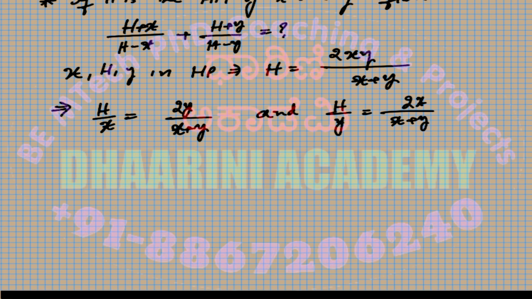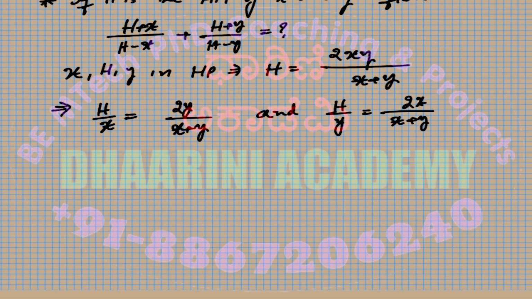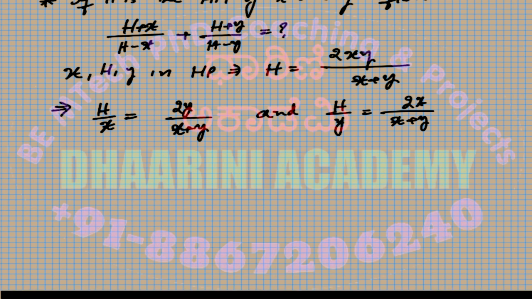You can see that I want the term H plus X and H minus X. Whenever we want to get that term, we have to perform what is called the componendo and dividendo technique. So directly let's apply that.